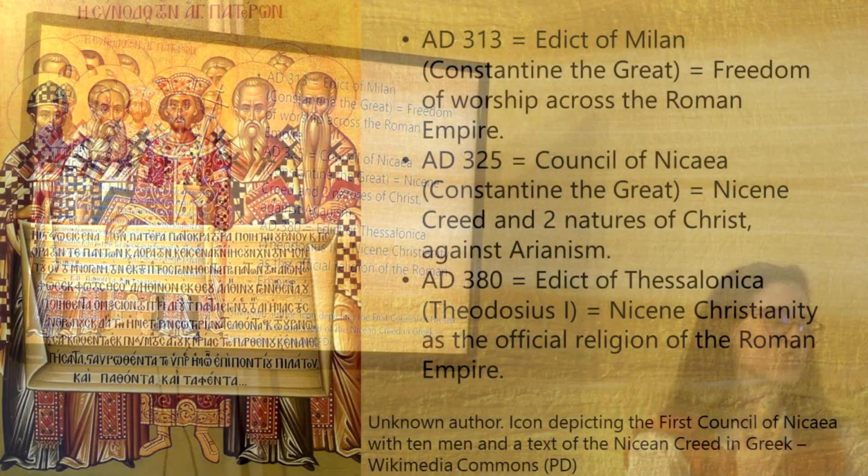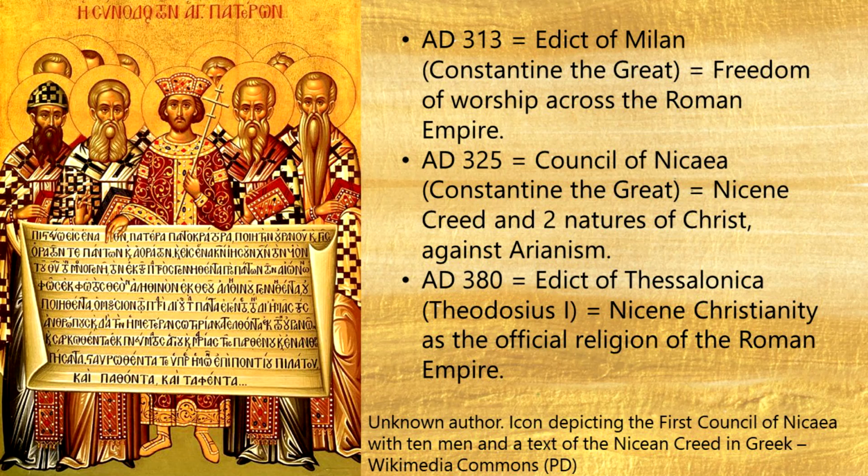So the church had been persecuted basically since the death and resurrection of Christ until the year 313, when Constantine the Great issued the Edict of Milan, which declared freedom of worship in the Roman Empire. And then a few years later, in the year 325, the Council of Nicaea was celebrated, presided by Constantine himself, which you can see in that icon over there.